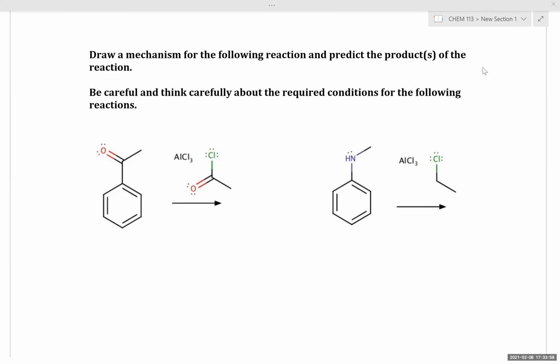Does anyone have some proposed comments on these reaction conditions? What products do we observe, if any?